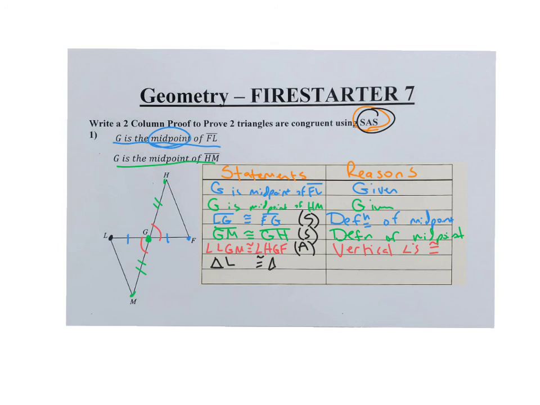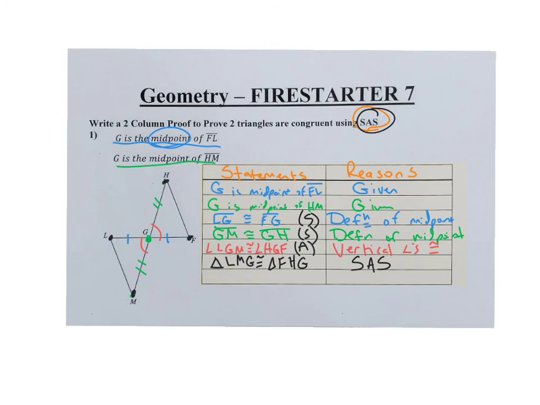So when I do the other triangle, I look at F, which is at the corner of one dash and no dashes. So those guys are in the same position in relationship to one another. They correspond with one another. Then I'm going to do M, because M is on the corner of two dashes and no dash. So that means he corresponds with H. So order really does matter. And then they both end with G. And that's going to be SAS.